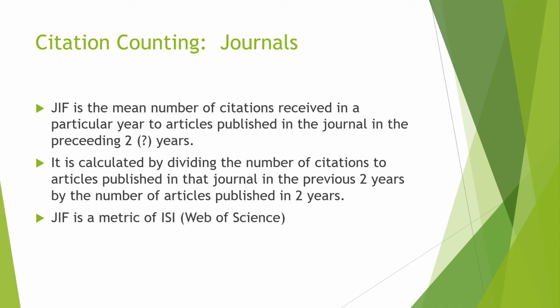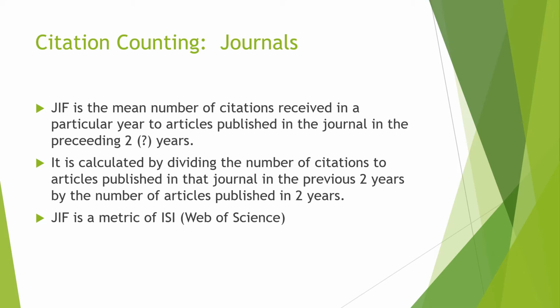And another way we count citations is we judge the journal itself by how many citations it receives. So the journal impact factor is the mean number of citations received in a particular year to articles published in the journal in the preceding 2 years. And I think the reason I have the question mark there is that this is a metric of ISI, or Web of Science, and they don't explain completely the way they calculate this.